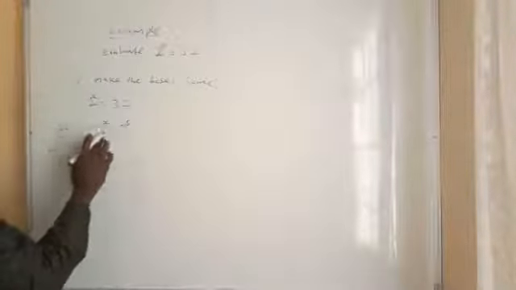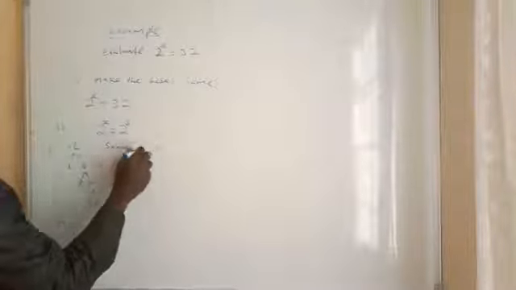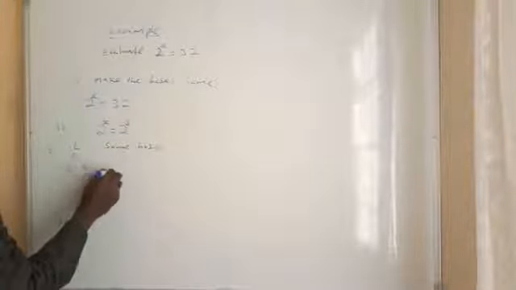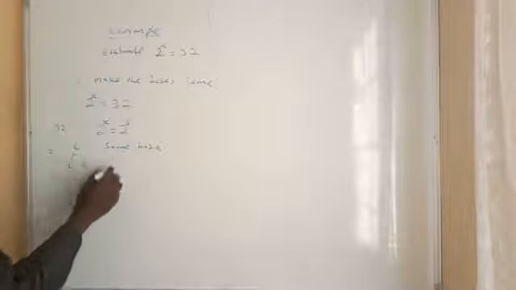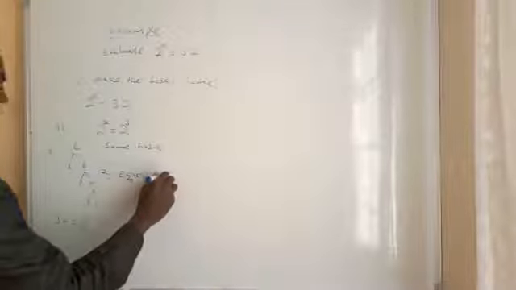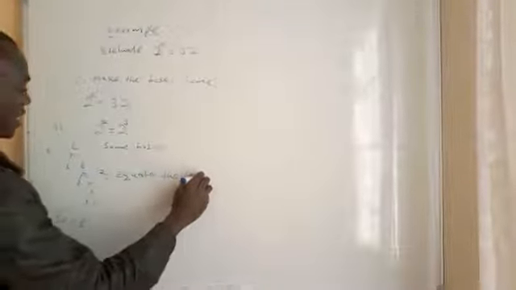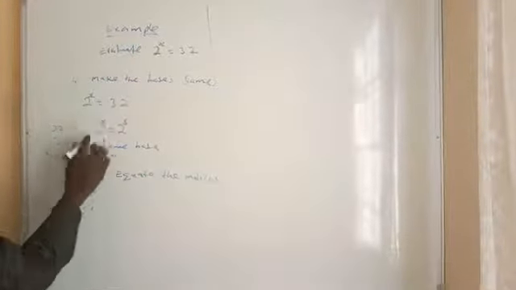Are the bases the same? Yes, same base. So if the bases are the same, number 2, this was number 1, make the bases the same. Number 2, equate the indices or the power. What is the power of this 2?